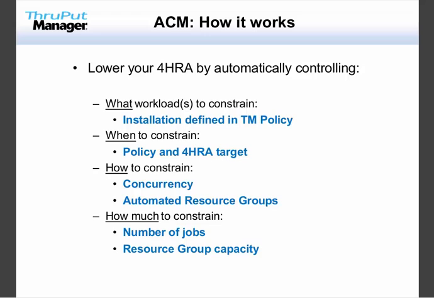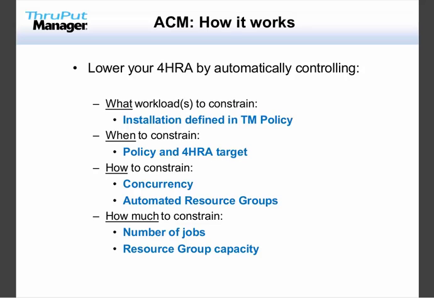And then how? How do you want to constrain this workload? You can constrain based on concurrency, simply saying that, well, normally this group of jobs is allowed to run, say, 20 concurrently. But under these conditions, I'm going to limit that to 10 or 5 or none. Or if a job is already executing, there's not much point in trying to drain an initiator or use a manual method like that.